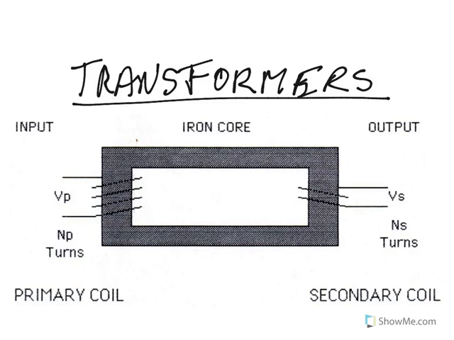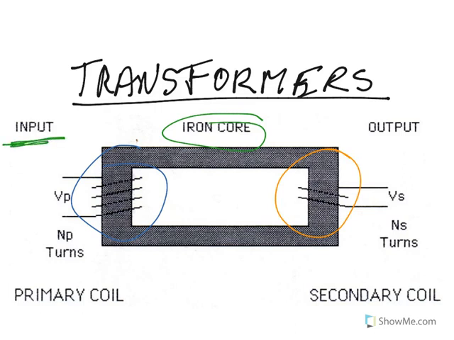Basically, in a transformer, what you have is two coils of wire. They use some iron in the middle here to link and channel the fields. So over this end on your input here, you have a certain number of turns in your coil, and you have a voltage here in your coil, and we're calling this the primary coil with the input.